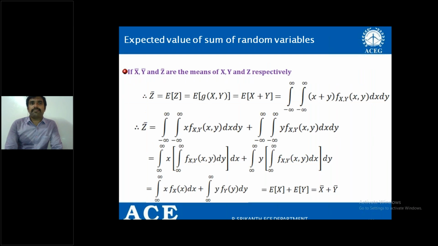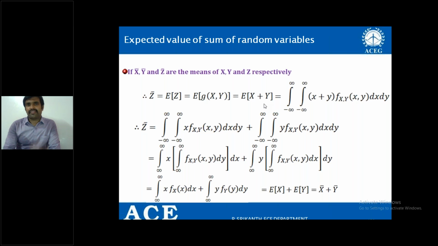So here, the expectation or expected value of a sum of random variables. If x bar, y bar and z bar are the means of x, y and z respectively, then how can I write z bar? z bar equals e of z, equals e of g of x comma y, or we can write it as the expectation of x plus y.